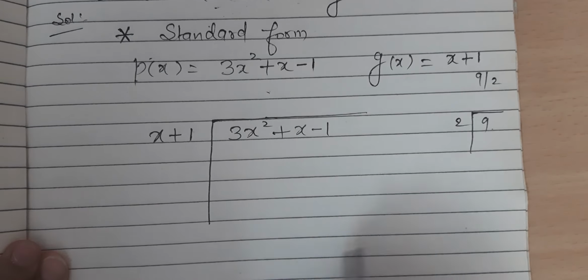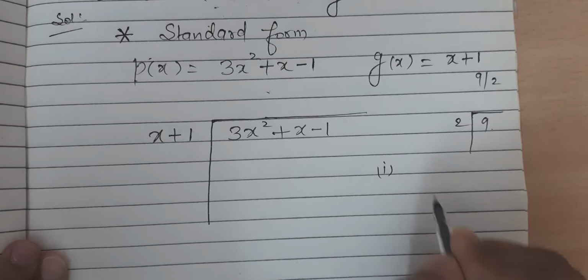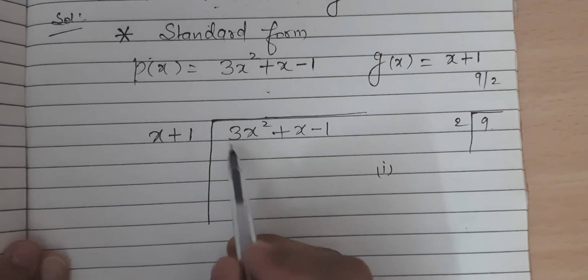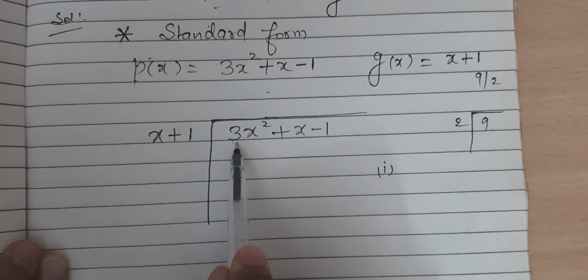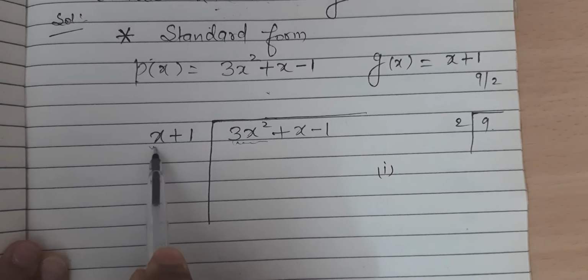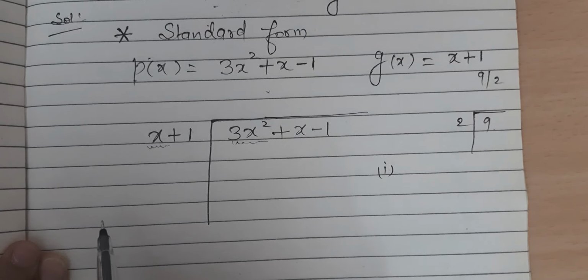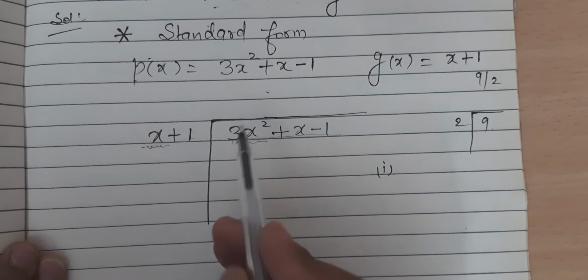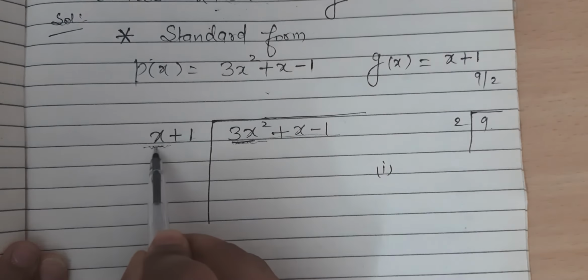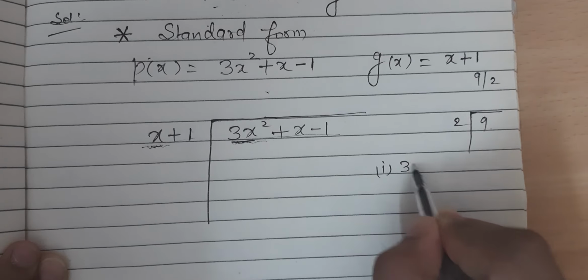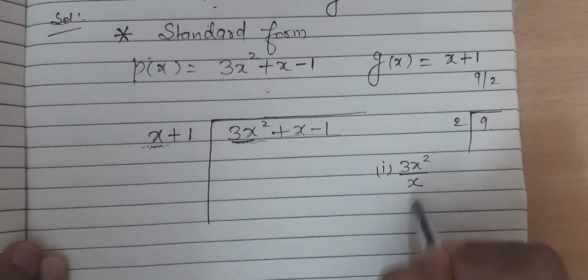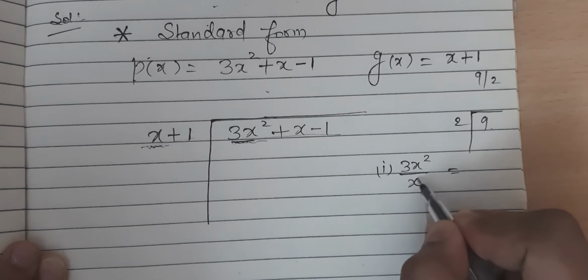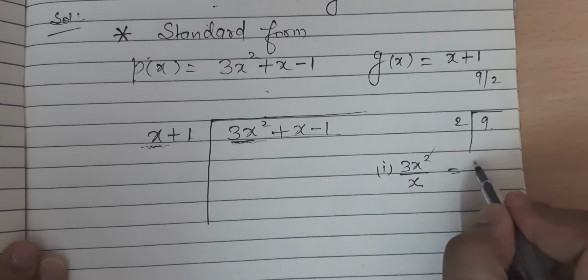In the first step, we divide the first term of this polynomial by the first term of this polynomial. Instead of dividing the whole polynomial by the whole polynomial, we divide the first term by the first term, meaning we divide 3x square by x. What is the answer? The x and x cancel out, so we get 3x.